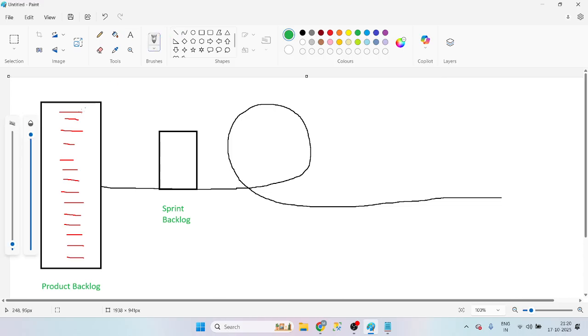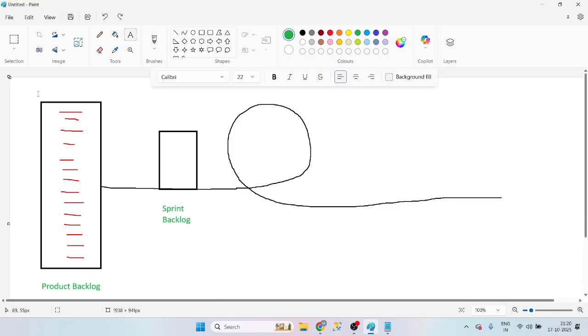Now for the product backlog, the PO, the product owner, is responsible.